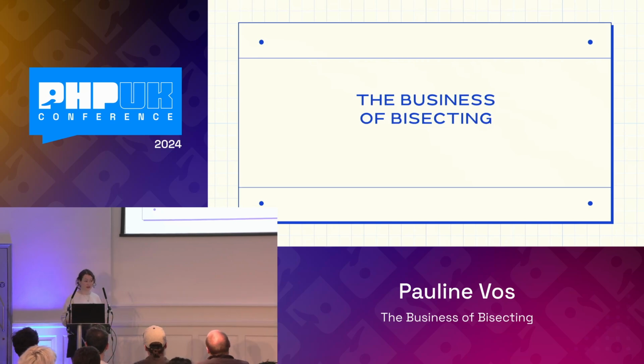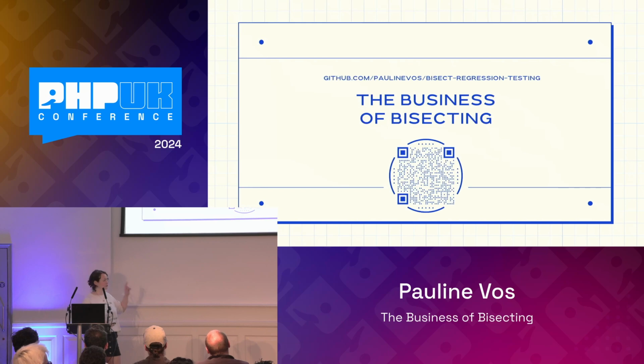But before I continue, I wanted to quickly point you towards this repo. You can follow along later if you want. I don't see a lot of laptops out, so I don't think people are going to follow along, but still save it, because this is a play repo where you can play around with bisect in your own time.